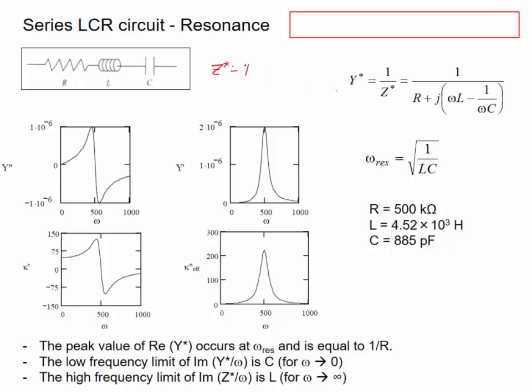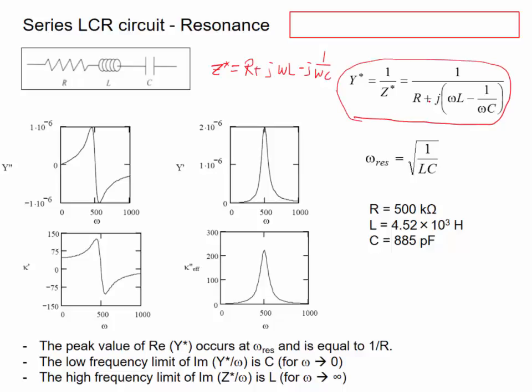Impedance will be just the R plus j omega L minus j 1 over omega C, right? Because they are connected in series. So if you calculate the complex admittance Y star, then this will be just the reciprocal, 1 over Z star. So it's like this.